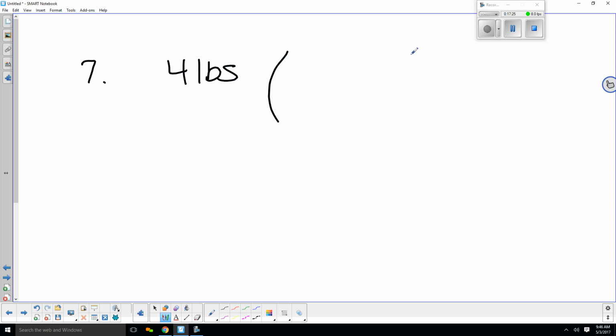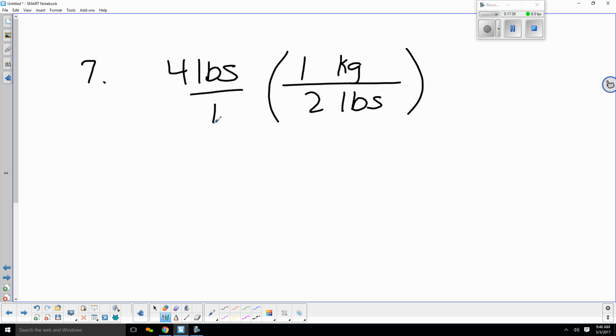And we said a minute ago that 1 kilogram was 2 pounds. So at this point when you divide, you get 4 over 2. So that's going to be 2 kilograms.